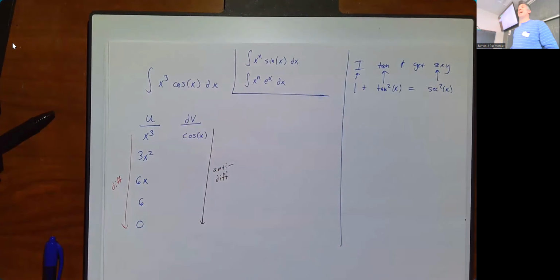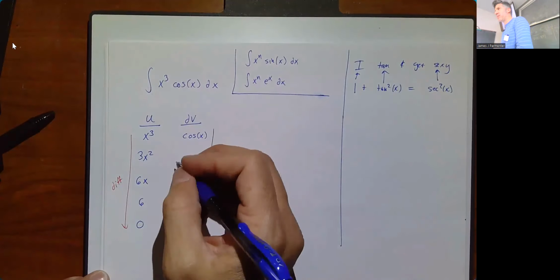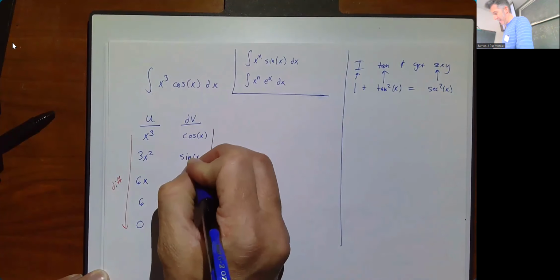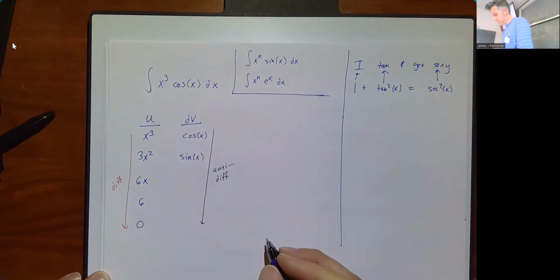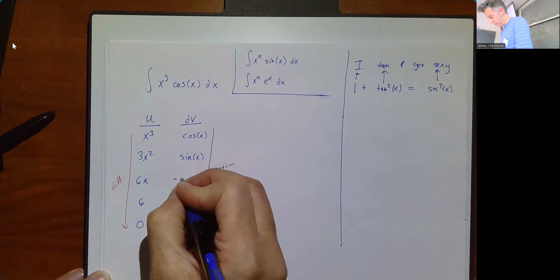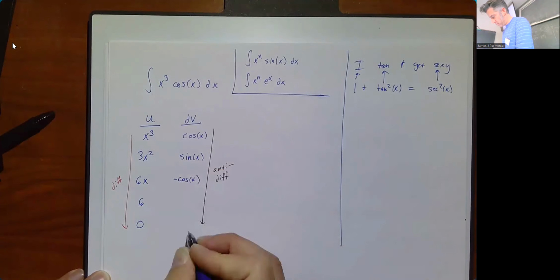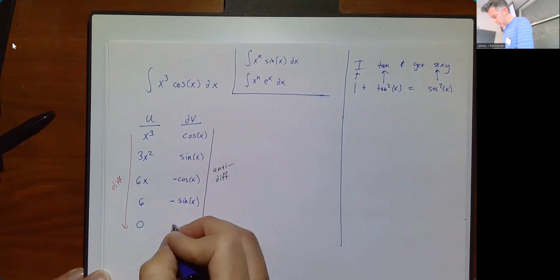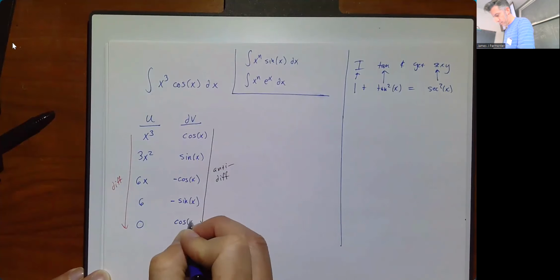What's the antiderivative of cosine? Is it positive sine or negative sine? Positive sine. What's the antiderivative of positive sine? Negative cosine. Antiderivative of negative cosine? Negative sine. And the antiderivative of negative sine gets you back to positive cosine.